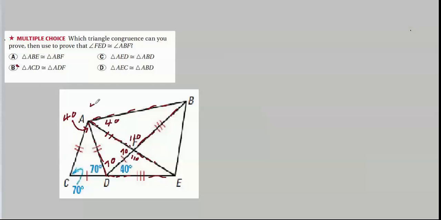Why? Well, this segment here does double duty. It's part of the triangle AFD, but it's also part of the triangle AED. So this angle here is part of both triangles. And because this triangle is congruent to this triangle, we know that this angle is 40 degrees. This one down here, sorry, that wasn't relevant. I misspoke.